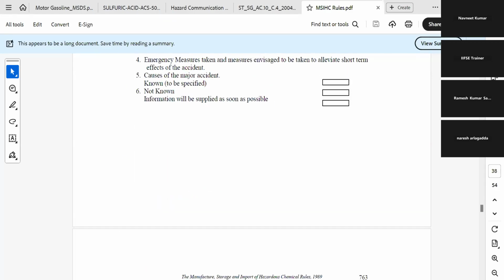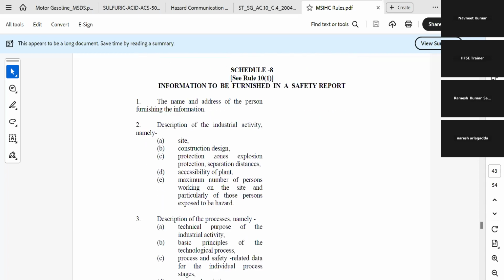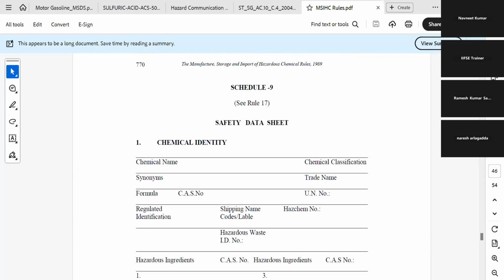Okay, I'll show you that schedule. Schedule number 8 gives information about the safety report, and schedule number 9 talks about the safety data sheet as per the MSIHC rules, the Manufacture, Storage and Import of Hazardous Chemicals Rules 1989, in India.